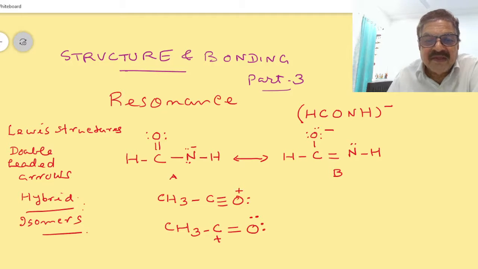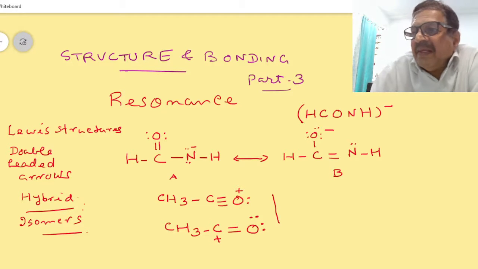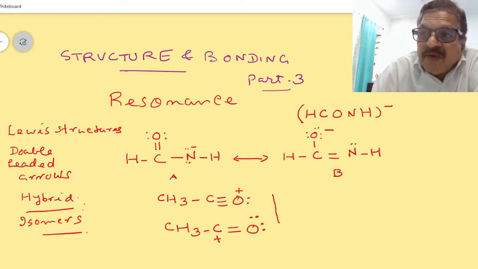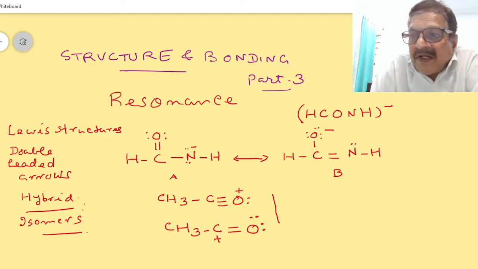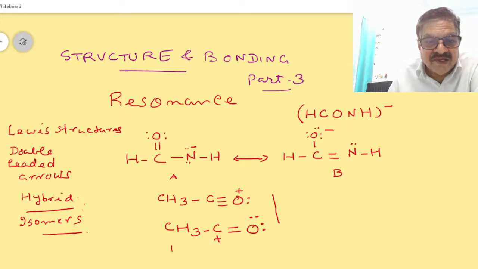These two structures are resonance structures, because one electron pair is in a different location. In both these structures, the C≡O triple bond and the C=O double bond, the position of the electron pair is different. Therefore, these are resonance structures, the structures of the same compound.